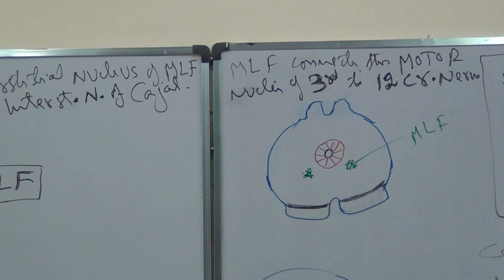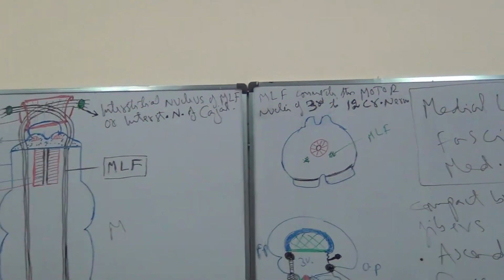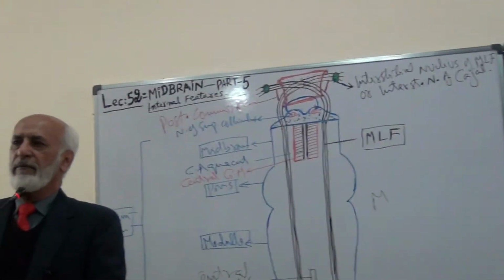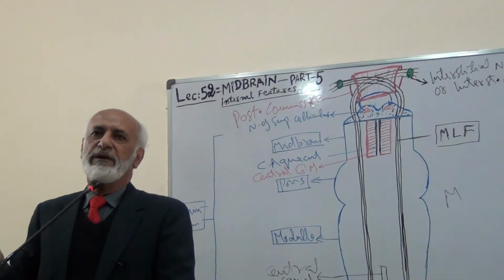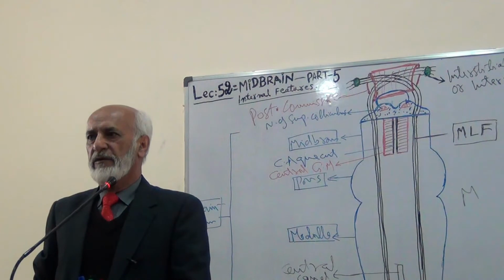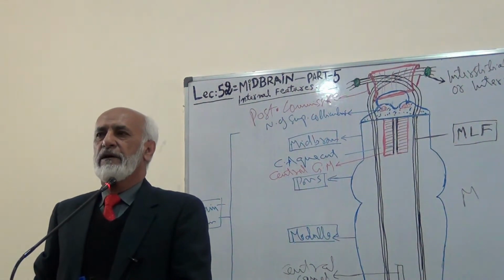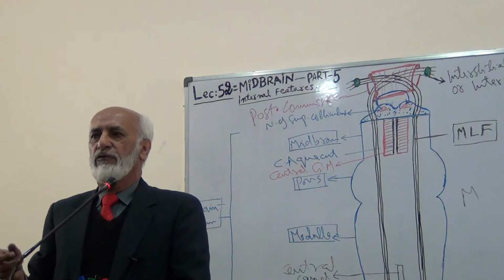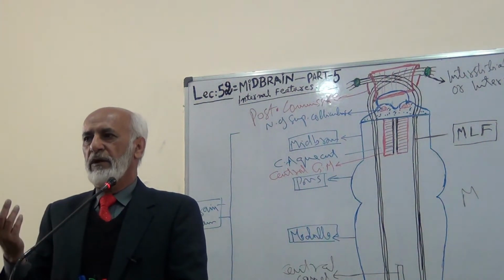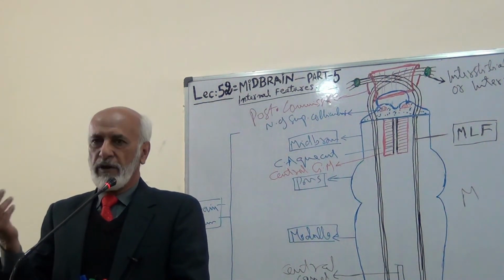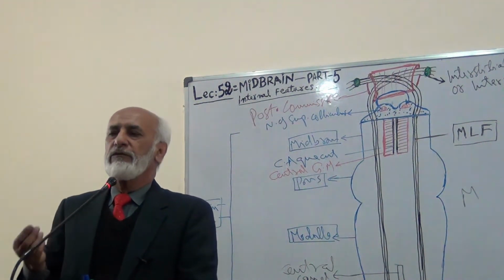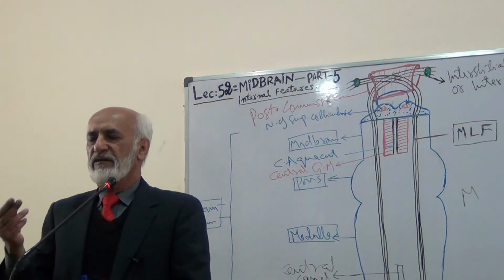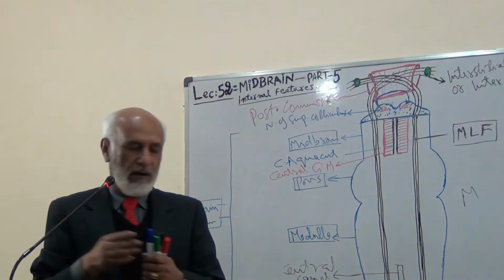The emerging fibers of these motor nuclei of cranial nerves 3rd to 12th use the medial longitudinal fasciculus as a pathway for the passage of fibers from one nucleus to another, located in the brainstem, and second, with the anterior horns of the cervical part of the spinal cord.